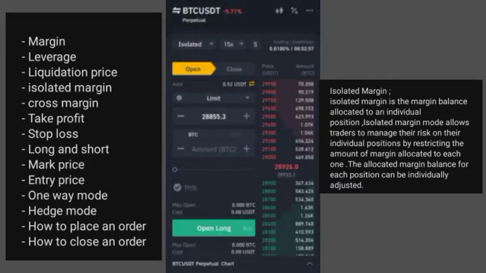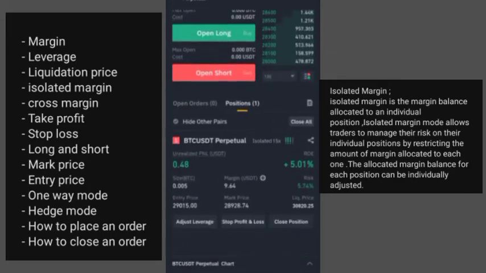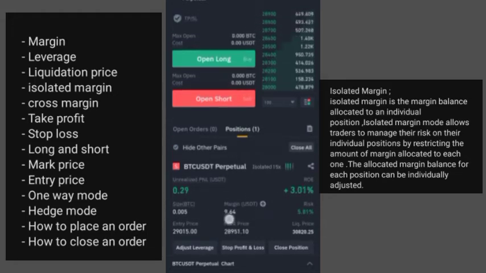What it means is this. On this trade that is running, I'm on isolated mode. If I exhaust this, I will only lose this. This is the only margin or capital that I wanted to enter with on this position. Since it's on isolated mode, I only have to risk this amount.